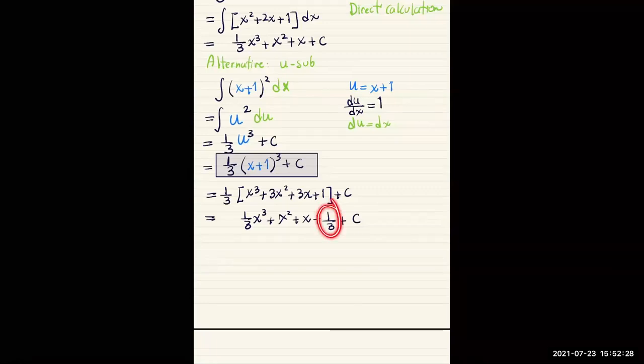If I combine this constant with this constant, I get another constant. You could call it whatever, C1. So when you combine these two, you can just express that combination as a single constant. Now the answers are gonna match.